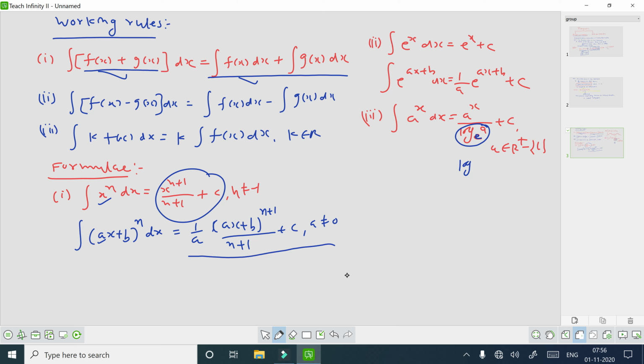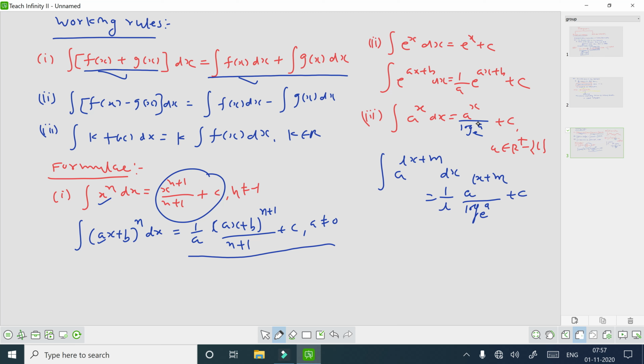That means in place of this one we can write log a also. Clear? Now it is easy to prove it. Right now we are not proving it. Now the general form: a raised to some linear form, let us consider (lx plus m), dx. That is equal to 1 by l times a raised to (lx plus m) over log a base e plus c.